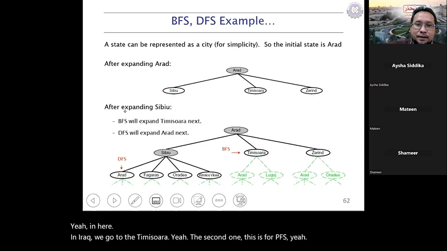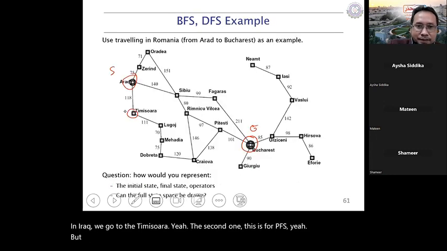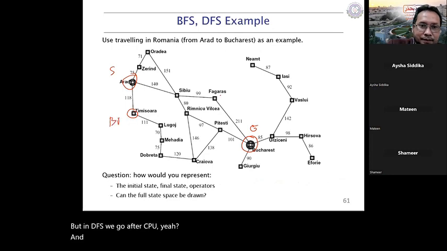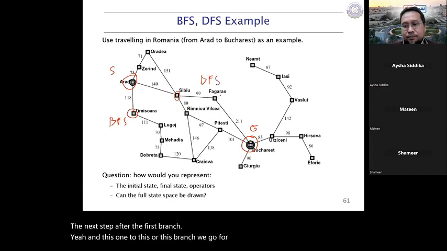But in DFS, we go deeper after Sibiu. So for BFS, the next step is the next branch at the same level, while for DFS we go depth first.